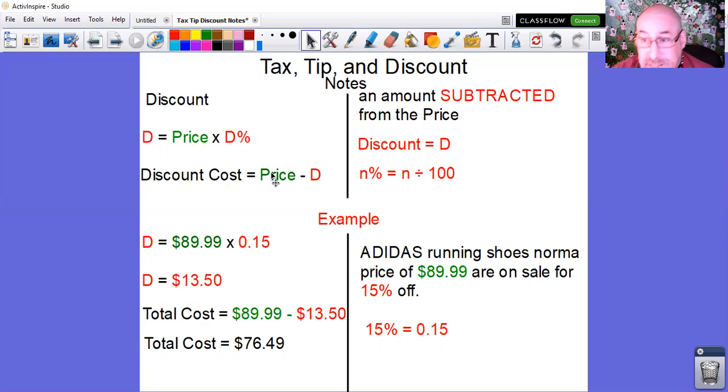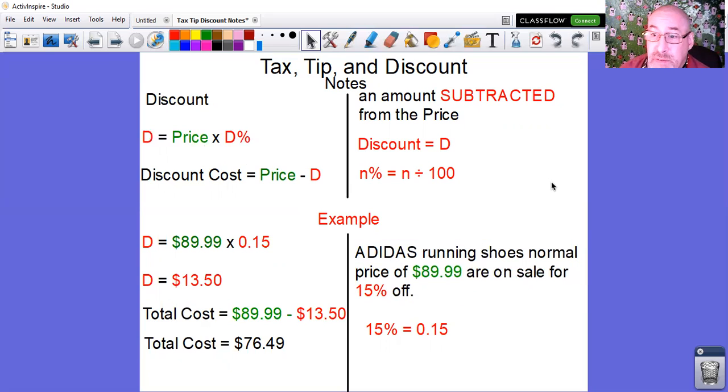For example, Adidas running shoes, normal price of $89.99 are on sale for 15% off. So we first find our discount amount. So 89.99 times 0.15, that's 15%. 15 divided by 100 to get the decimal.